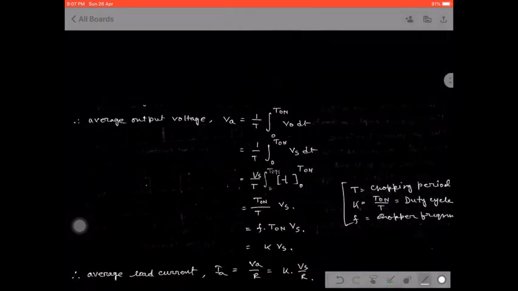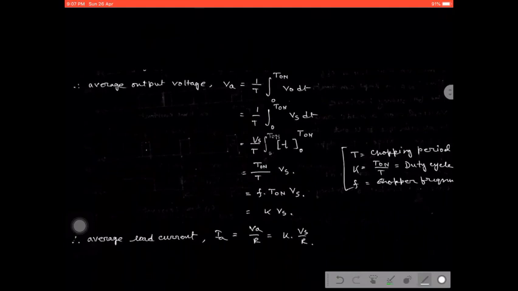See here, right? So in this case, see it very carefully. The average output voltage Va is equal to 1 by T, as I told you before, 1 by T integration of 0 to T on Vo dt, and Vo equals Vs. That is why we can write 1 by T integration of 0 to T1 Vs dt.